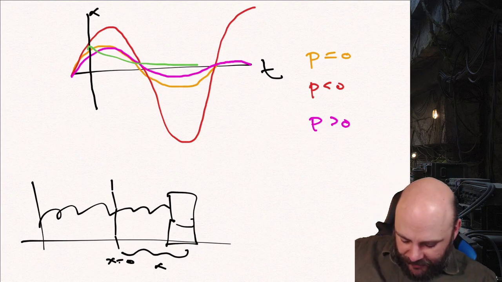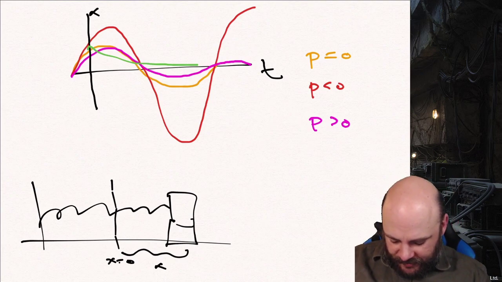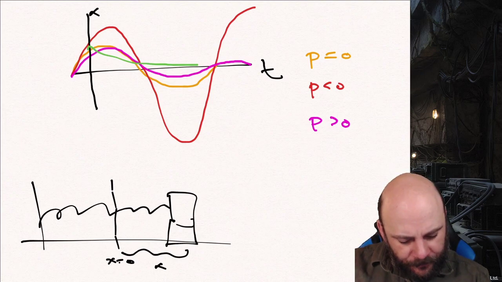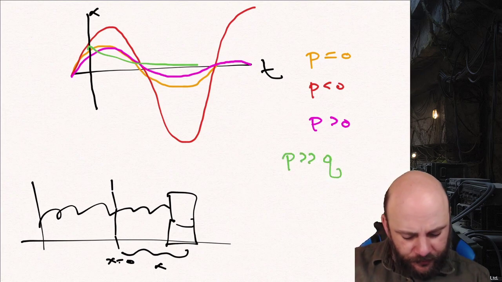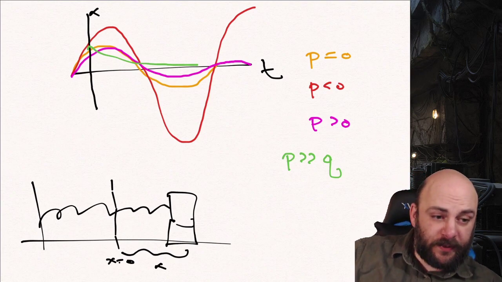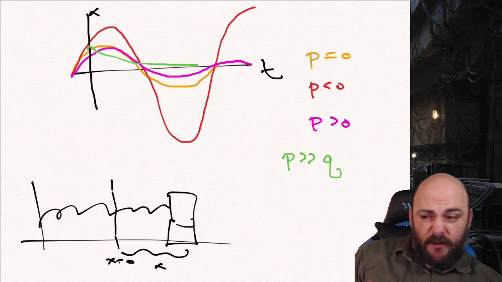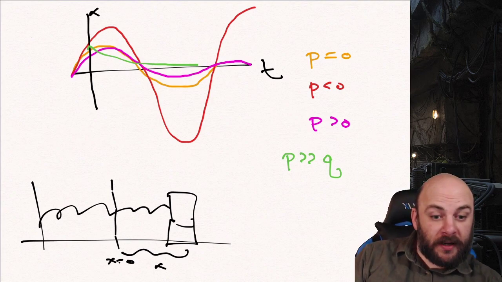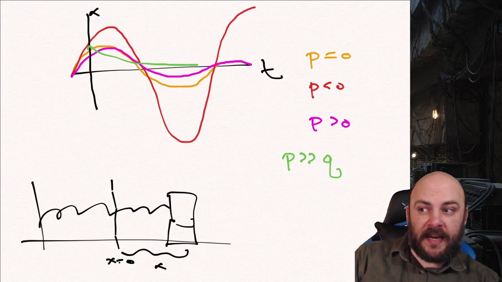Okay, and so we should discuss that, but for me, the green case there is when p is quite a bit larger than q. So basically that friction is definitely overcoming that spring stiffness in a rapid manner.